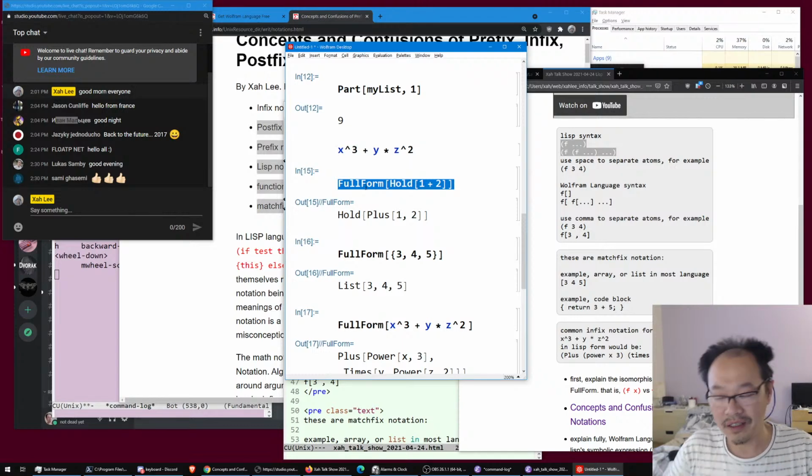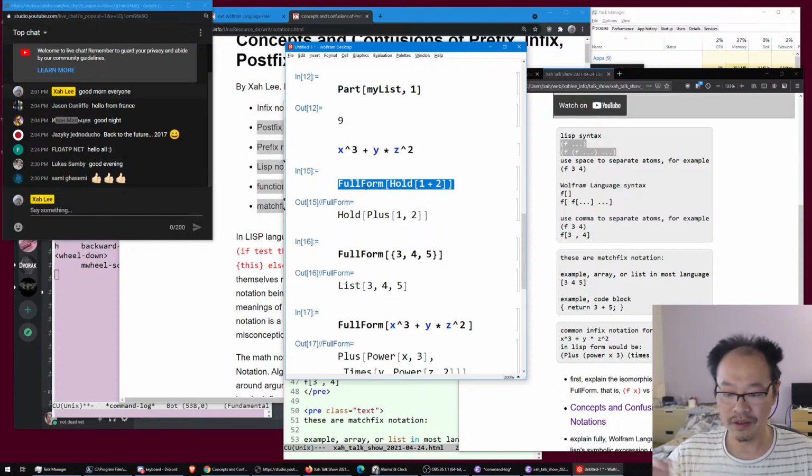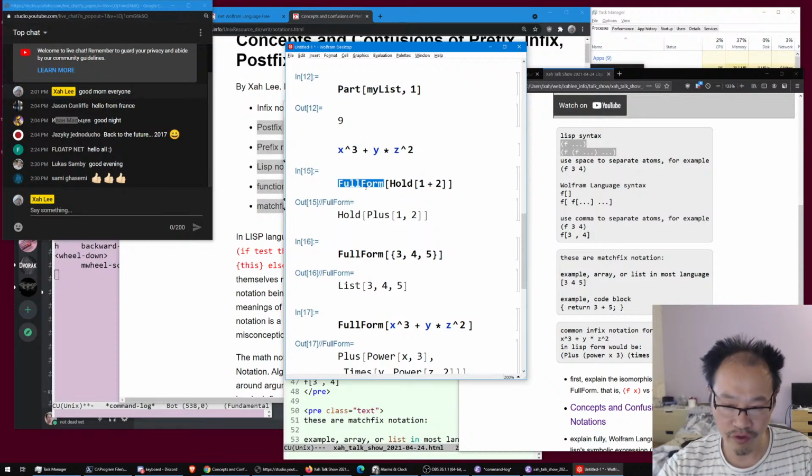But if you are designing a programming language, you have a choice: which jargon among the jargons should you choose? Here's one example where Stephen Wolfram made his decision, which is characteristic of his choices in Mathematica. Instead of calling it meta form or meta expression, he calls it full form.